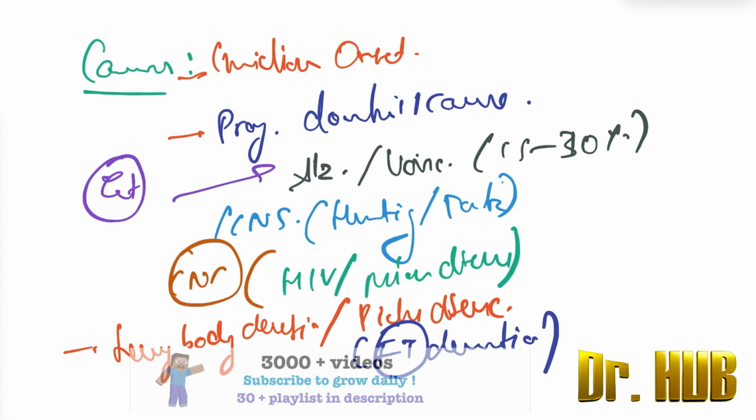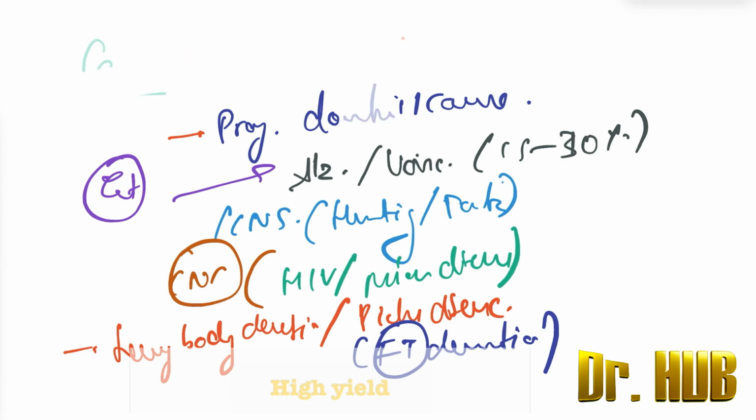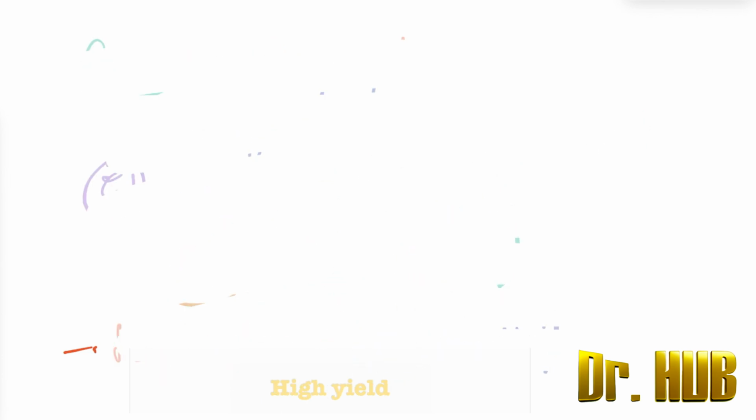So this was about the etiology of dementia. Now, lastly, we are going to see how to treat it.